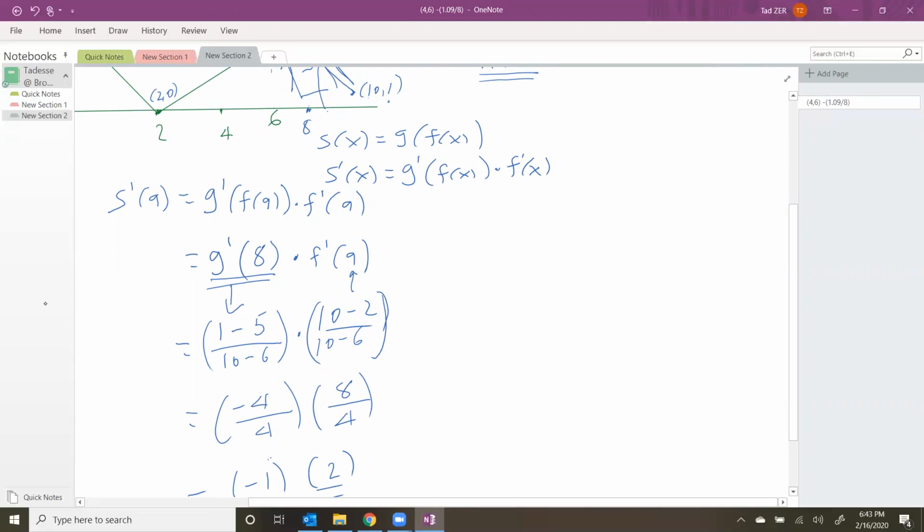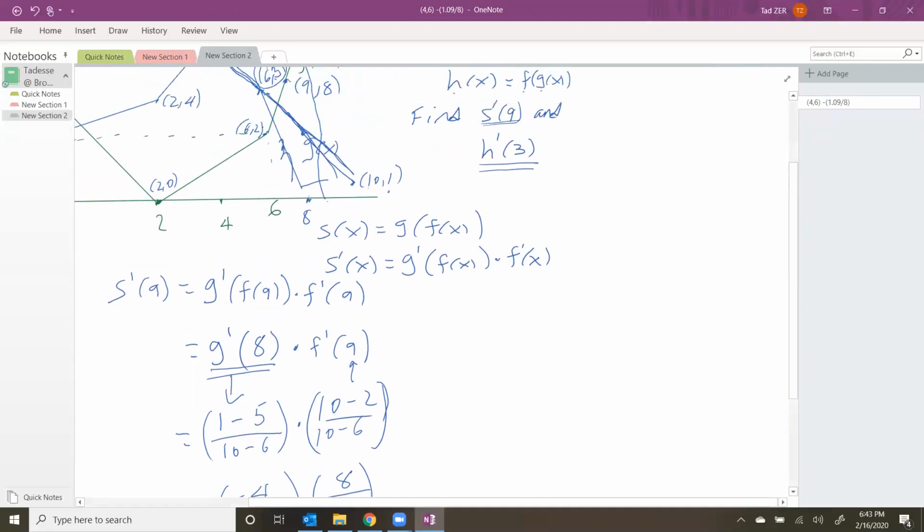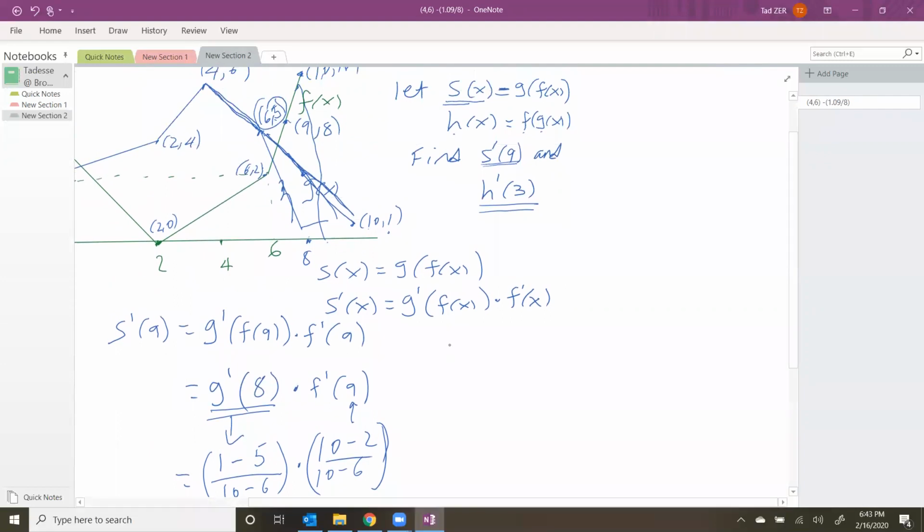S is nothing but the composition. So similarly, for H of X, you can see here, H is nothing but the composition. So H prime at X is F prime at G of X times G prime at X. In particular, we want to find it at 3.